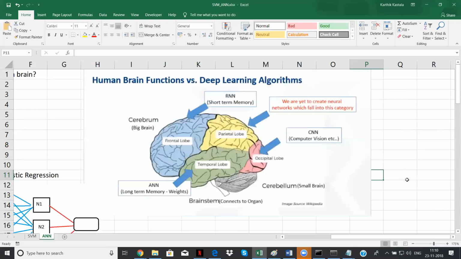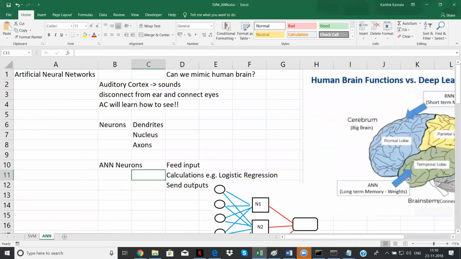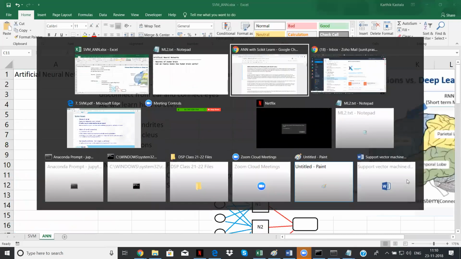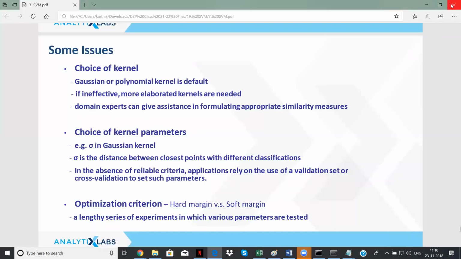All right. Now, what is this ANN all about? So, let me tell you one interesting thing about the human brain. Just give me a second.